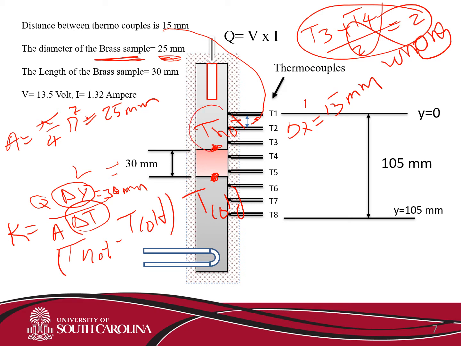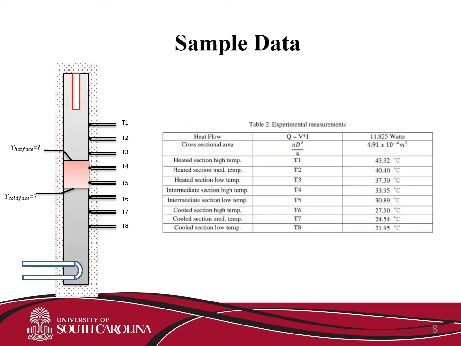Once you find T hot and T cold, applying this equation, and also you have the area, pi over 4 d squared, you will find the thermal conductivity K. Very straightforward, it's not difficult, right? So that's it with this. Let's go to another slide.